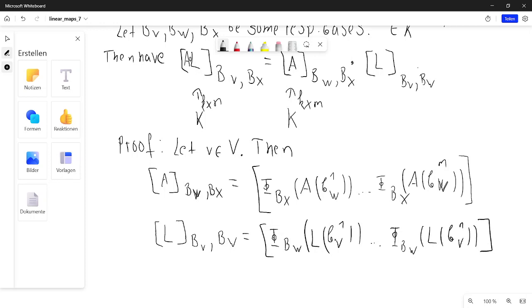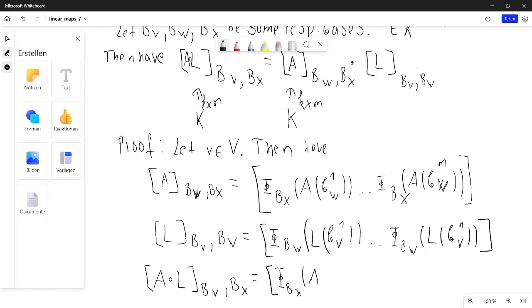Alrighty. Well, now we'd like to multiply that, and we'd like to have the composition as result. And the composition, well, how does that work? I mean, we'd like to have the matrix representation of the composition. What do we have here? Well, of course, we go to X immediately here, and we go from BV.